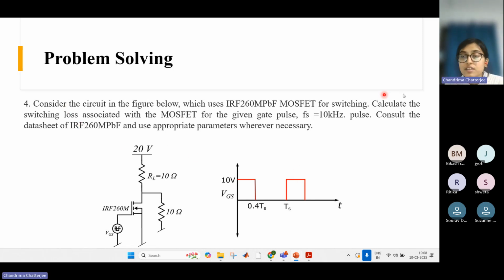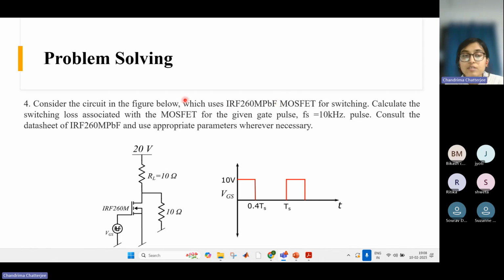Here what they are asking is, consider the circuit in the figure below which uses the IRF260M PBF MOSFET for switching. So they have mentioned a particular part number, so this MOSFET data we will have to use.